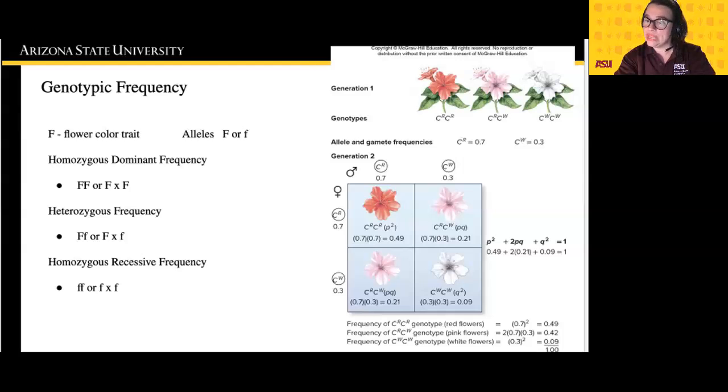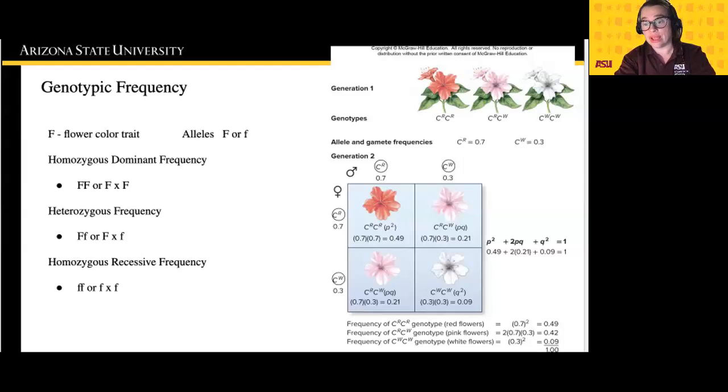Well, we would use the 0.7 from the big R and multiply it times itself. 0.7 squared is 0.49. To find the PQ, we would multiply 0.7 times the 0.3. However, the chance of getting the heterozygote pink flower is 2, not 1, so we must multiply the 0.21 times 2, which yields 0.42.